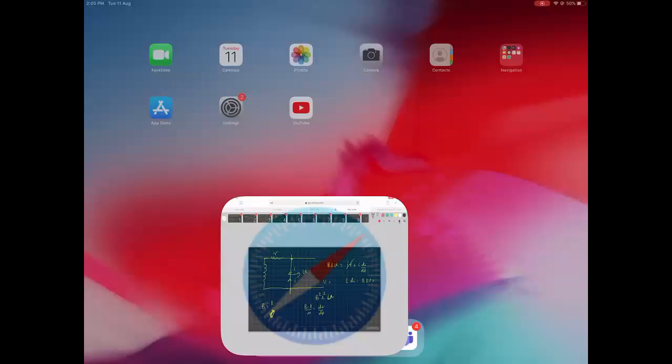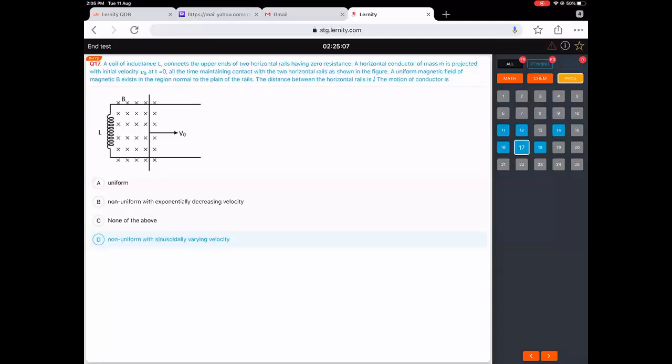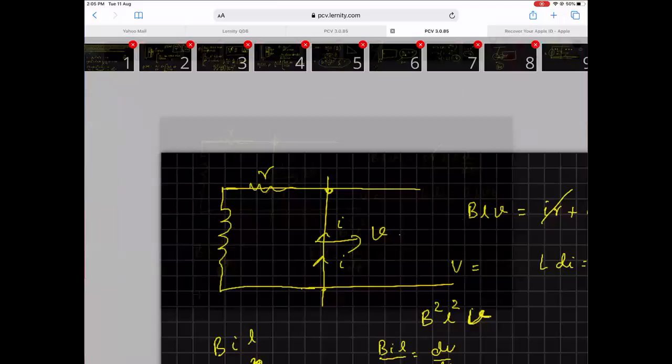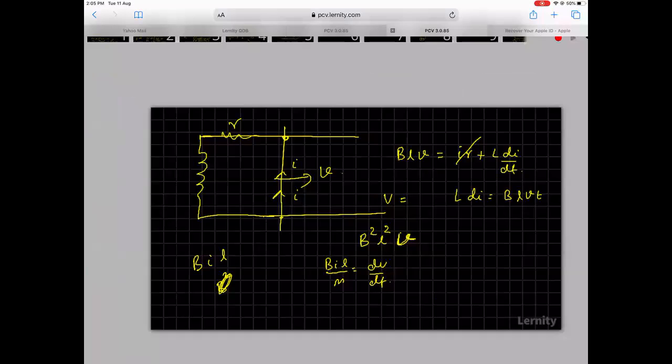I need some time, because the mass is also not given to you. Horizontal conductor mass M is given, so dV by dt is this much. V is not a constant; it's a function of time.